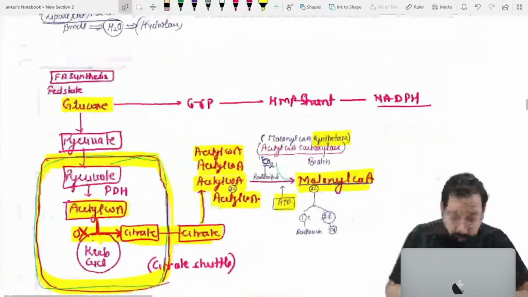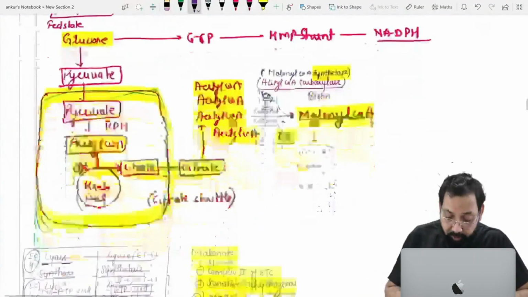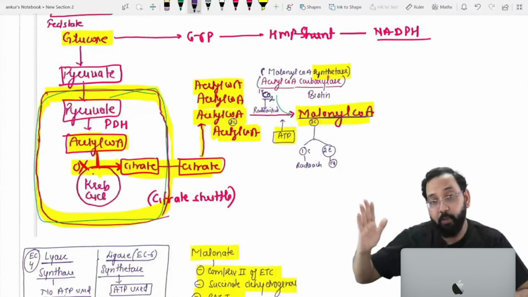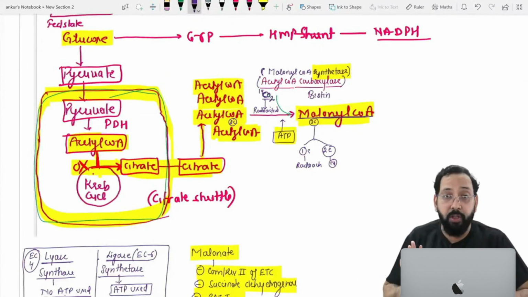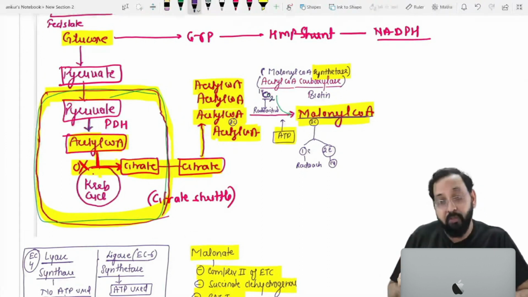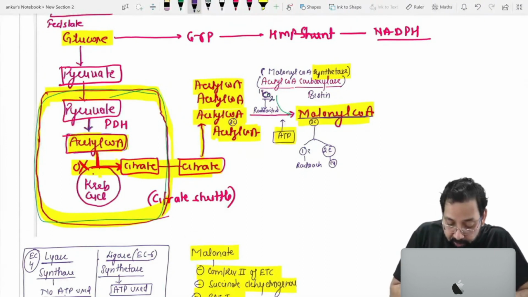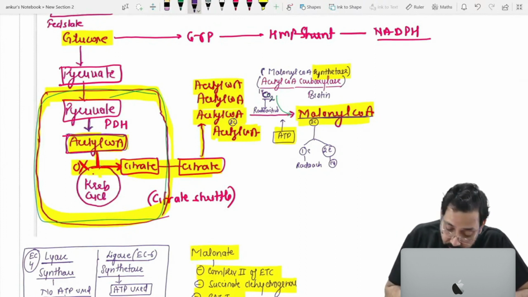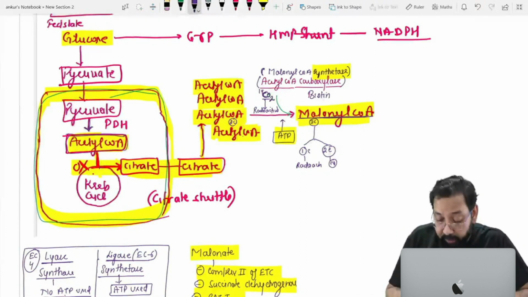So what is happening in our body when so much glucose is there, we convert extra glucose into fat. I told you glucose can be converted to fat, but fat cannot be converted to glucose, because this is an irreversible reaction. I told you acetyl coenzyme A is never a substrate for gluconeogenesis. This acetyl coenzyme A reaches the cytosol.